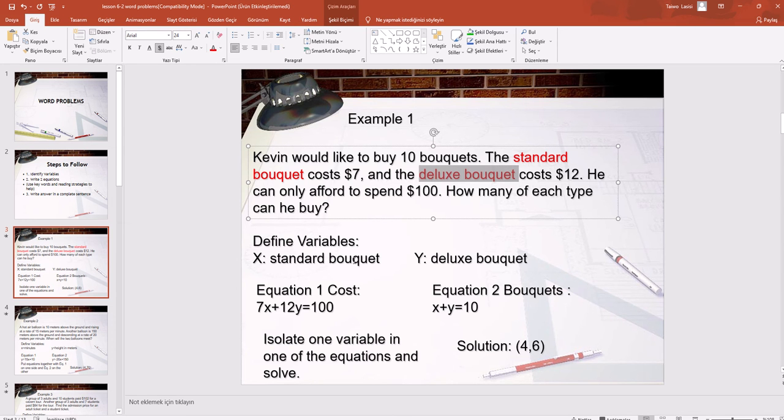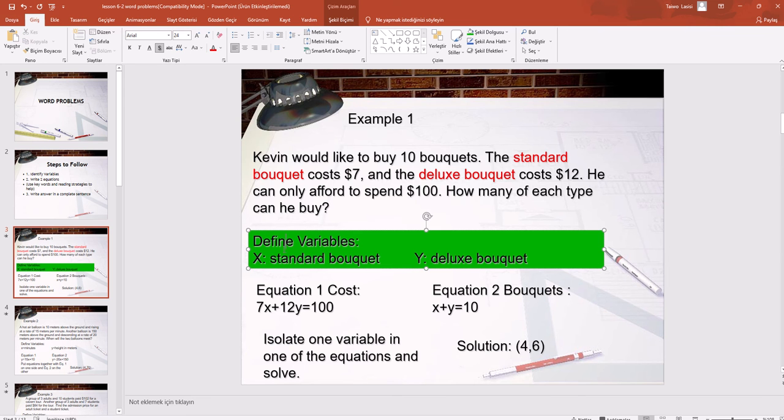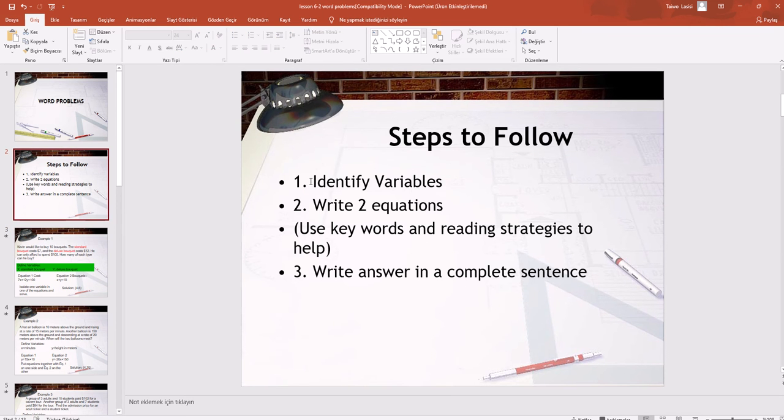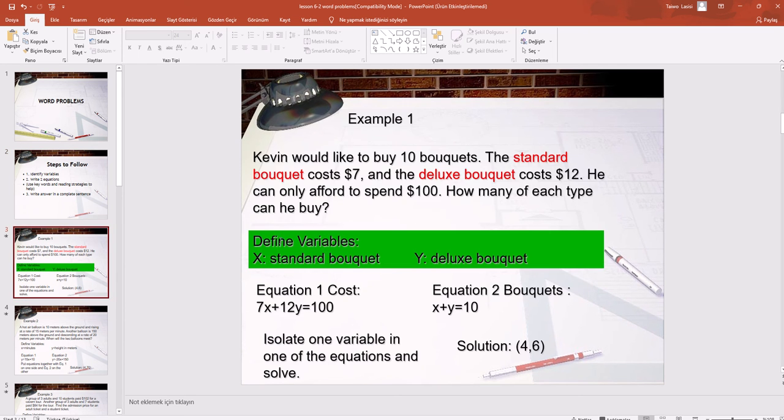We have two bouquets, right? And let us say the first one is X. So the first one is X. What is our first step? We always define variables. Which variable is which? X is the standard bouquet and Y is the deluxe.